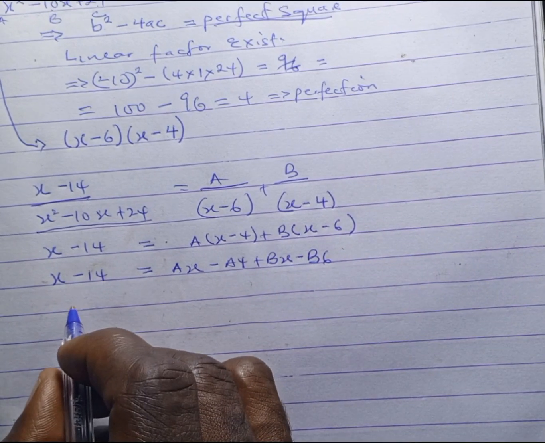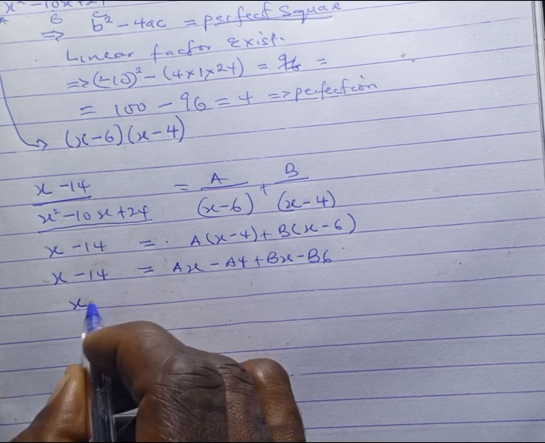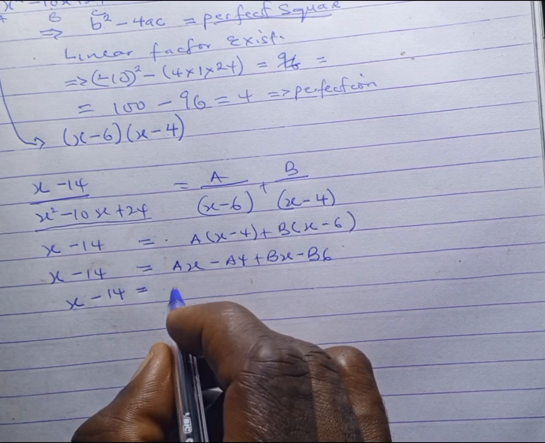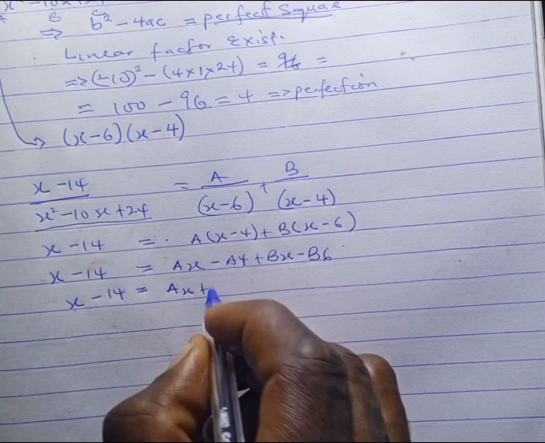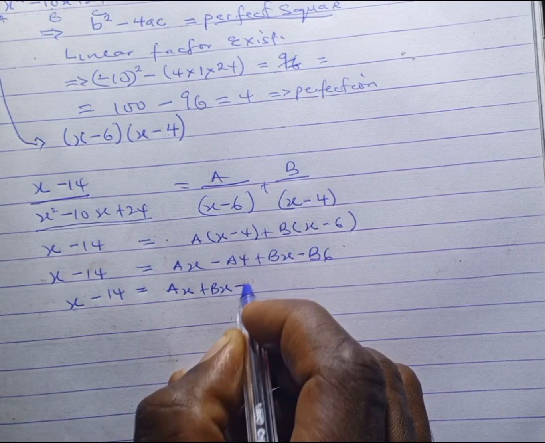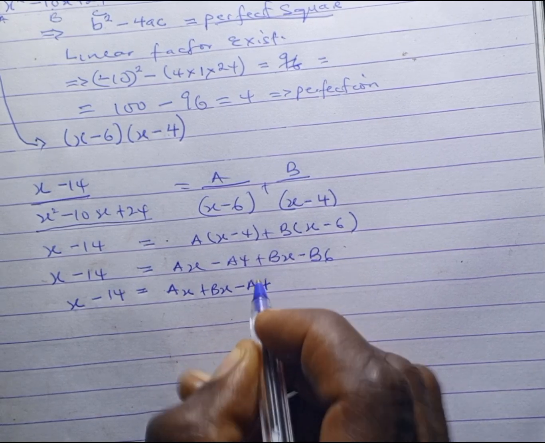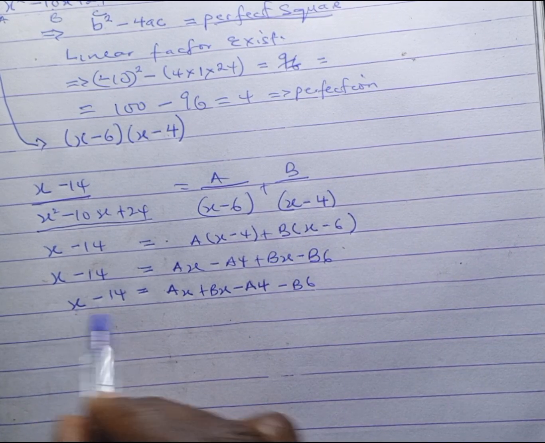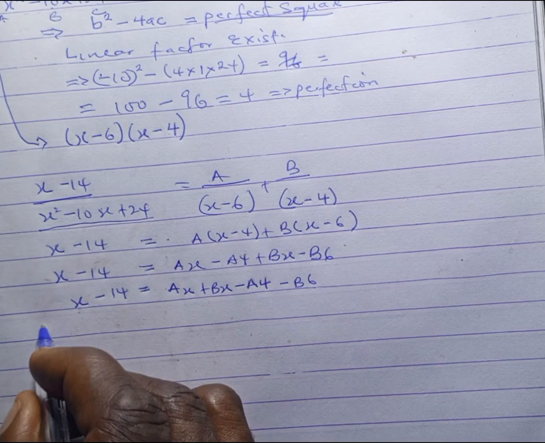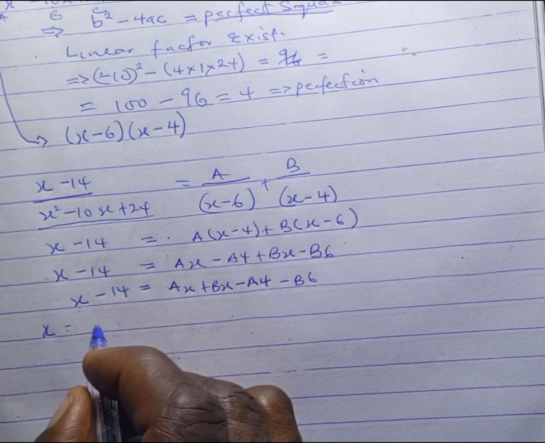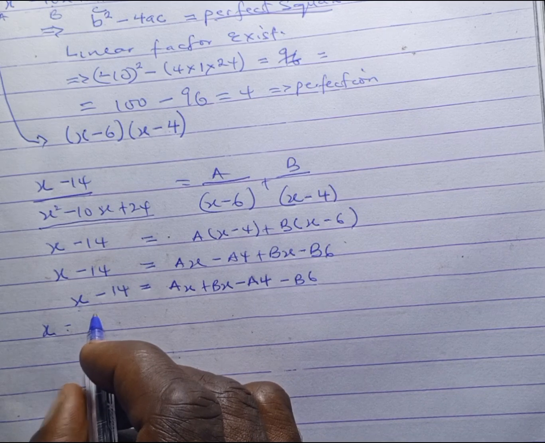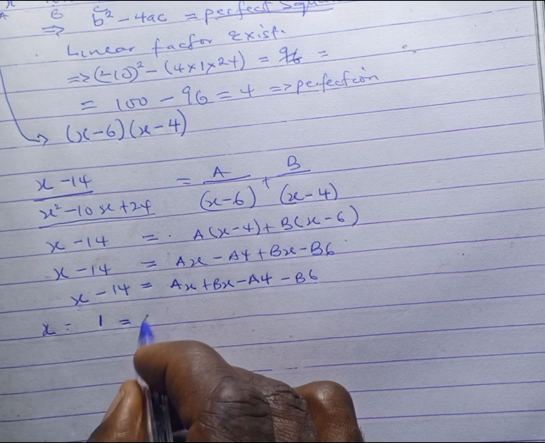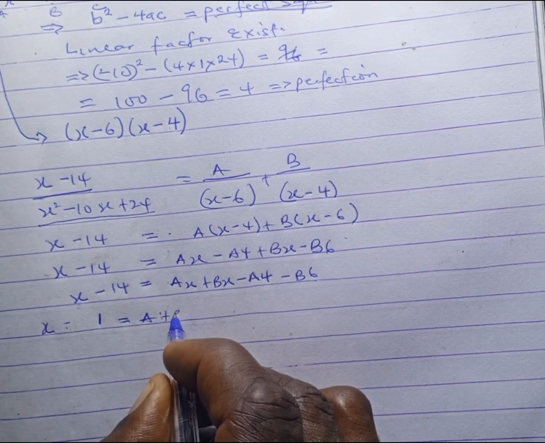So if you collect like terms, you're going to have x minus 14 equal to Ax plus Bx minus 4A minus 6B. So if you compare the coefficients of the x's, for the x the coefficient is 1. That means you're doing 1 equals A plus B.